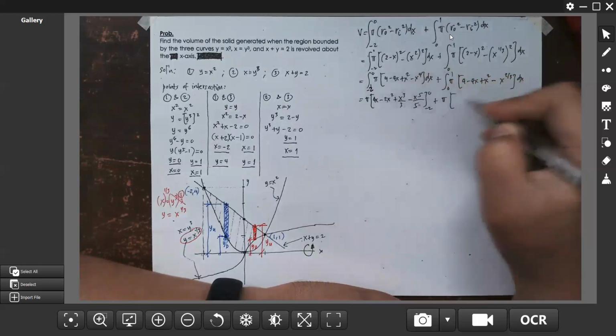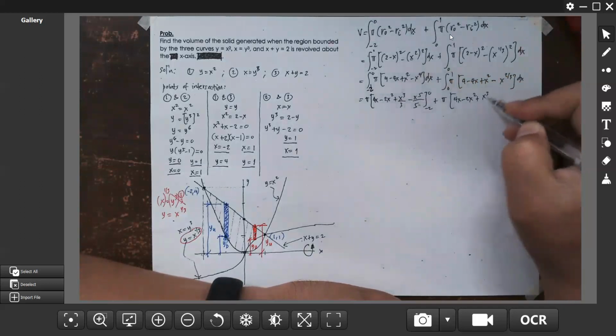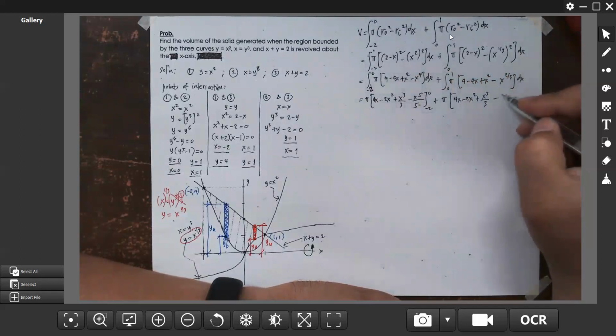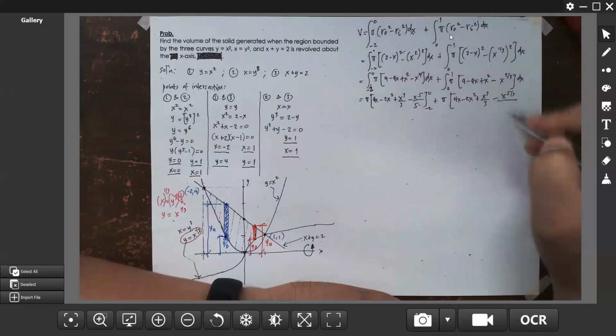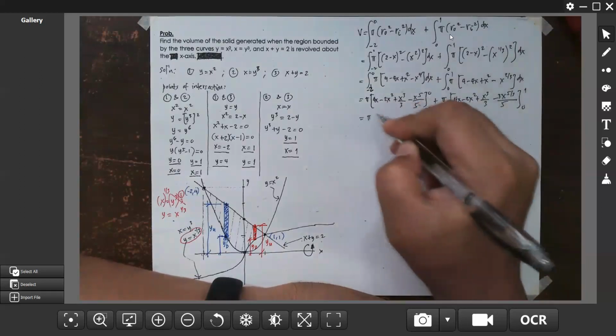Plus pi, you have 4x minus 2x squared plus x cubed over 3 minus 3/5 x raised to 5/3, from 0 to 1.